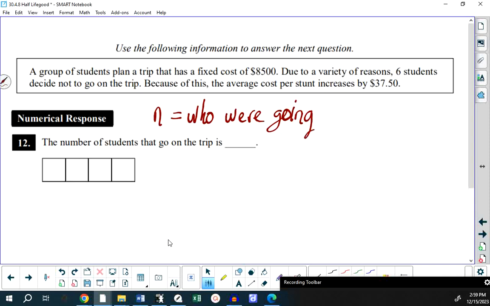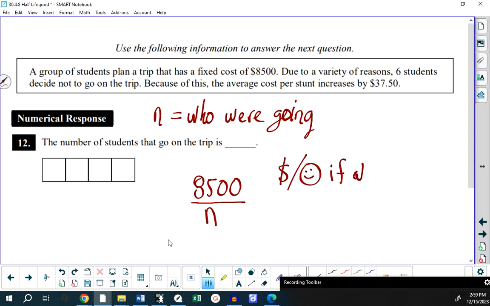And that means that they were going to pay each, to begin with, whatever 8,500 divided by N is. This is the cost per student if everybody went. Right? But 6 decide not to go.